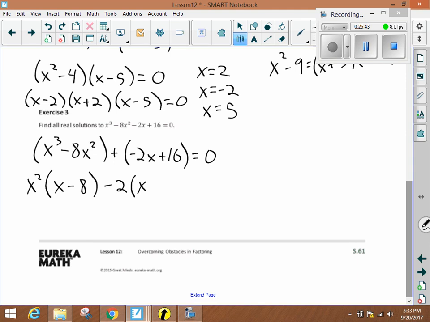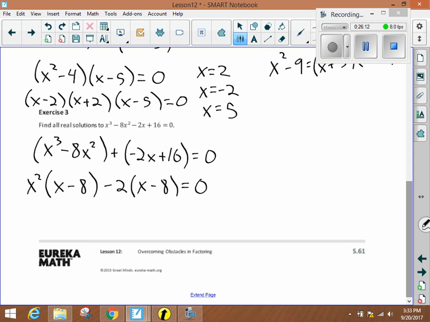I need these two things to be the same. So that's why that's crucial when I decide whether I'm going to factor out a negative or a positive. Positive 16 divided by negative 2 is going to give me negative 8, and that was exactly what I wanted.